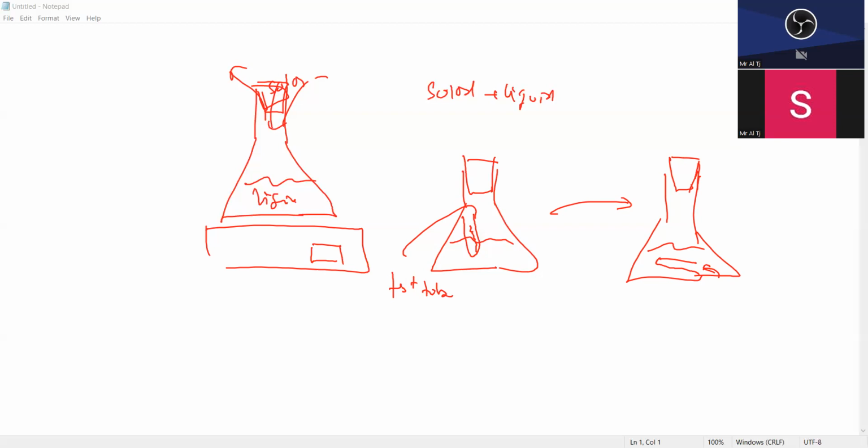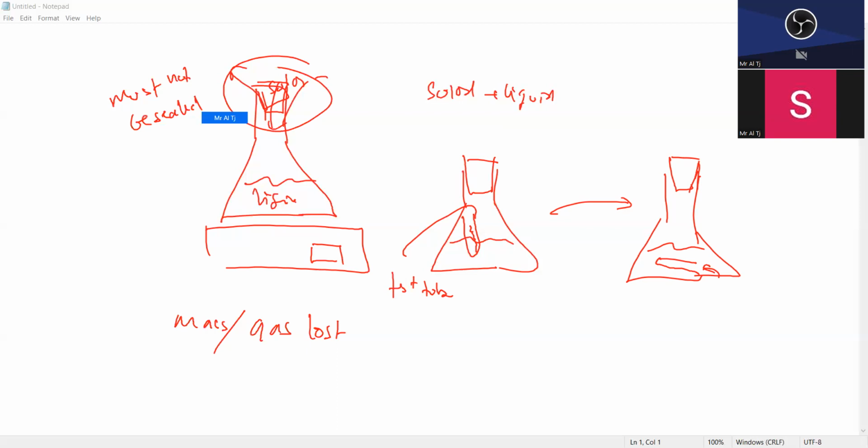So what is the wrong method? The wrong method is, if you are using the gas loss method, this must not be sealed, because if you seal it, the gas cannot escape and the mass will not decrease.